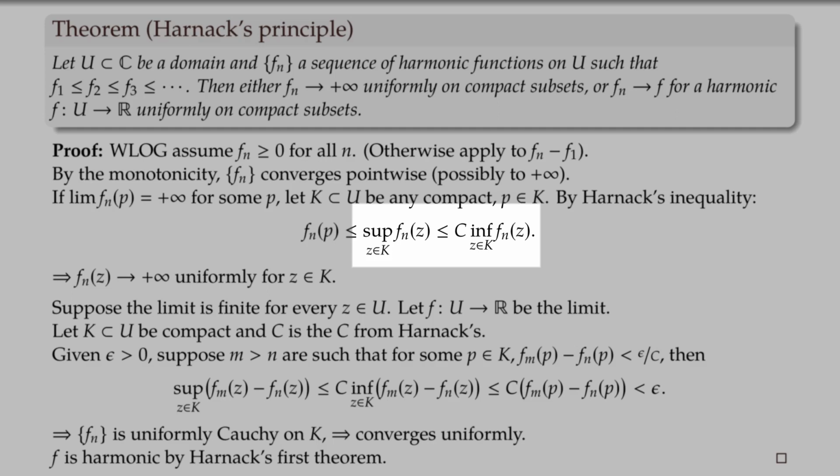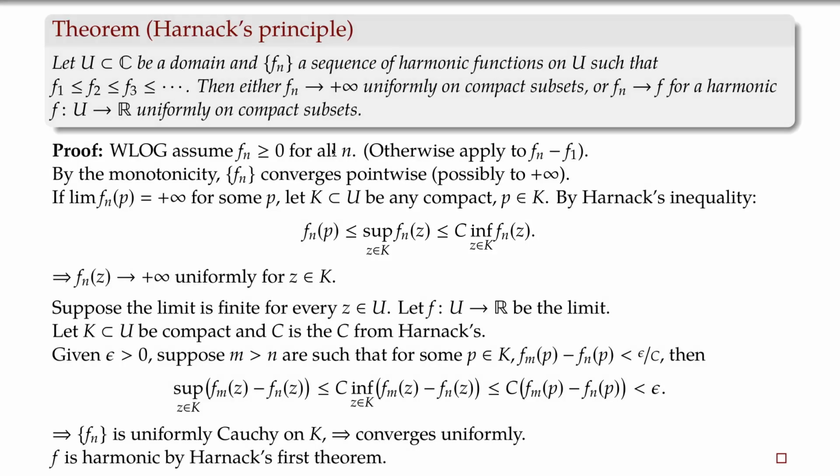I have some control over it that only depends on K, and of course non-negativity, which gives us some bound. So that's the point. If Harnack's inequality wasn't for non-negative functions, then it wouldn't be true. So all right.